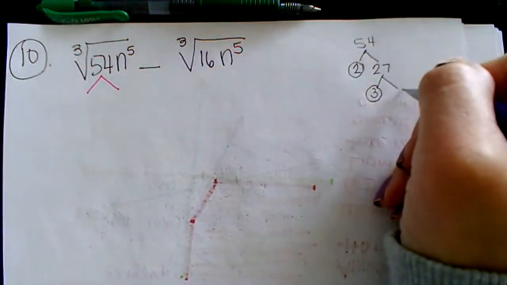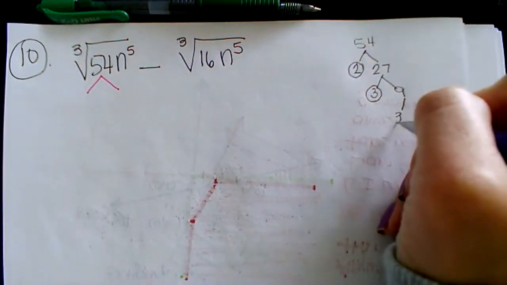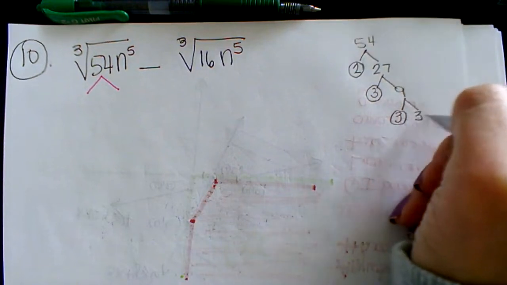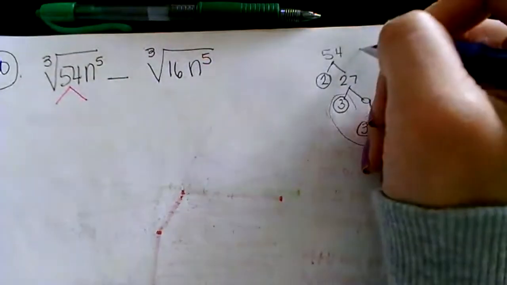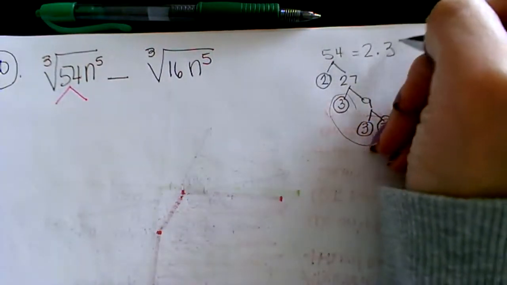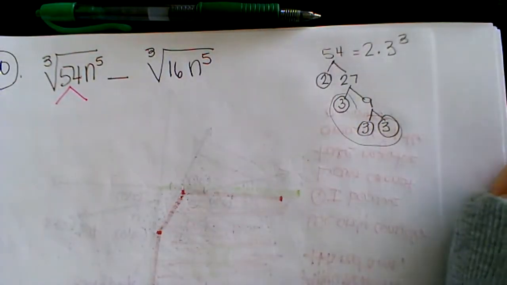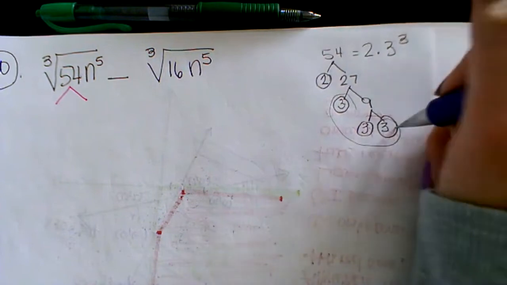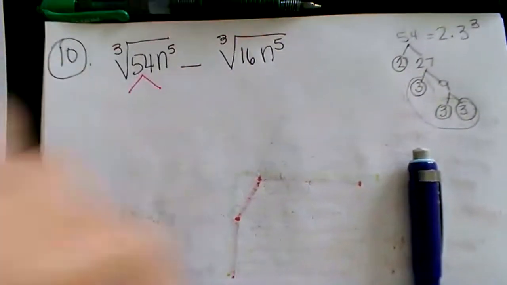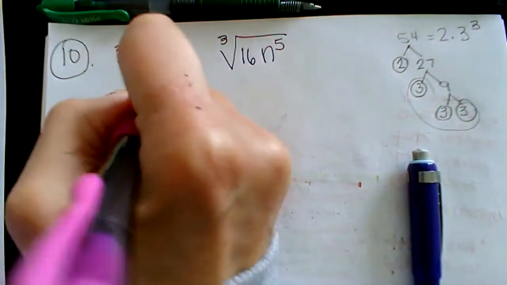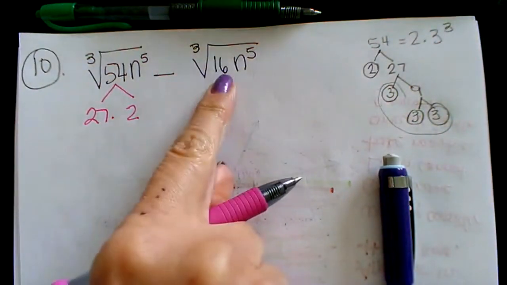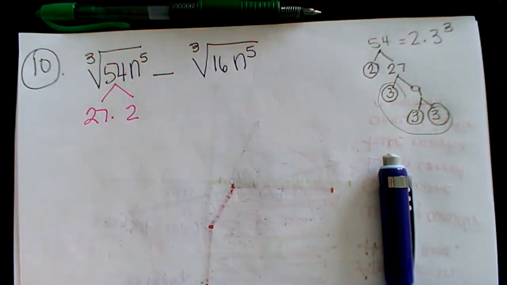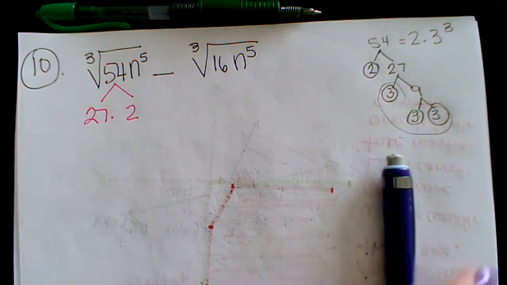Divided by 3 is 9, and 9 divided by 3 is 3. So here we go. We have 2 and 3 to the 3rd power. 3 times 3 is 9. 9 times 3, 27. So we have 27 times 2 is 54. And with 16, what do we have with 16? 8 times 2, right?